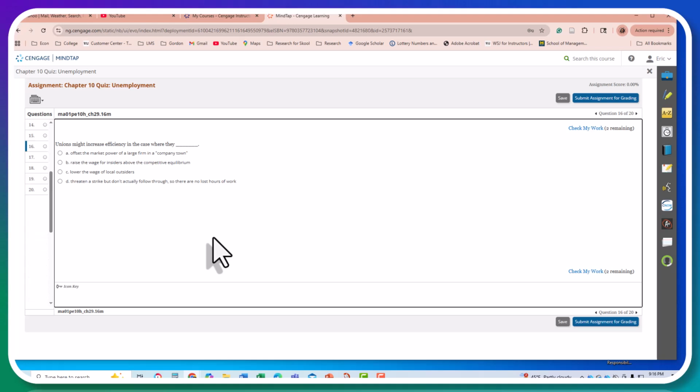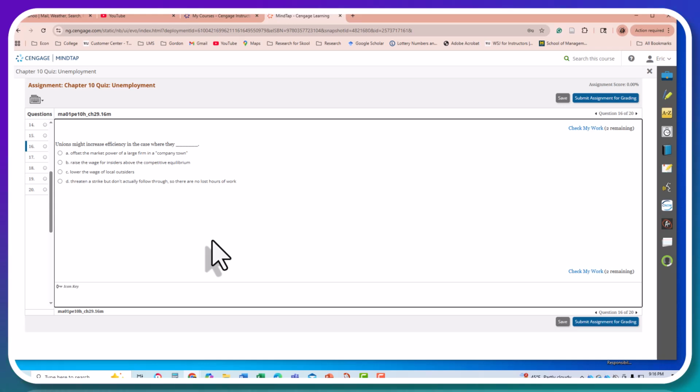Unions might increase efficiency in the wages. Efficiency. In a case where unions offset the power of a large company and a firm in a company town. That is an example of when a small town has one major employer and they control most of it.